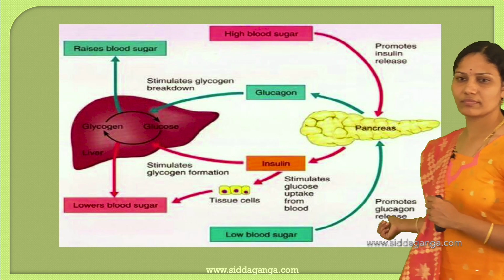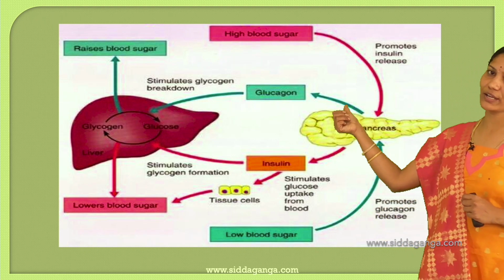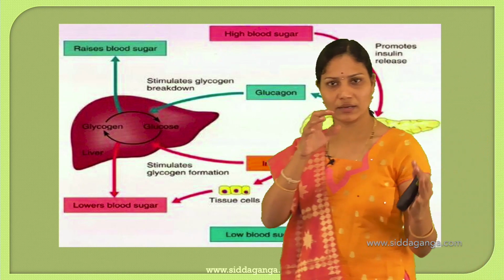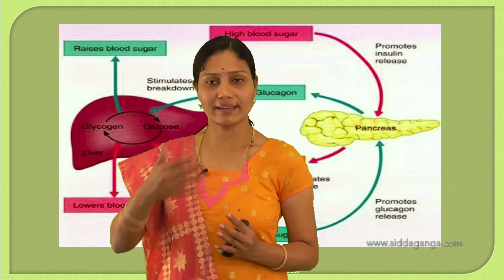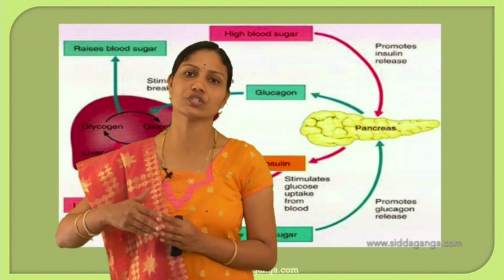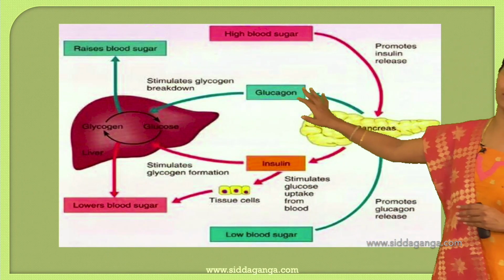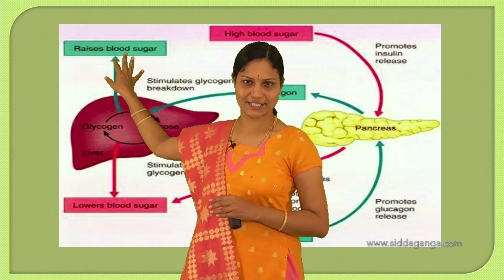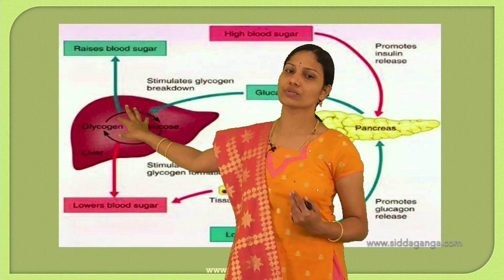Glucagon stimulates glycogen breakdown. So glycogen now is stored in liver, right? And glucagon directs the breakdown of glycogen to glucose again. So now what happens? It raises blood sugar level. The blood sugar level now rises because the glycogen stored in liver is broken down into glucose.